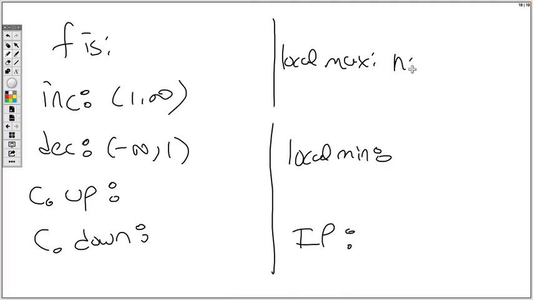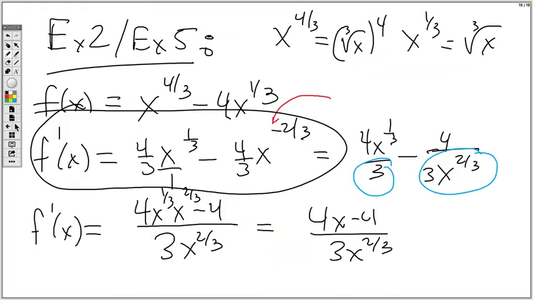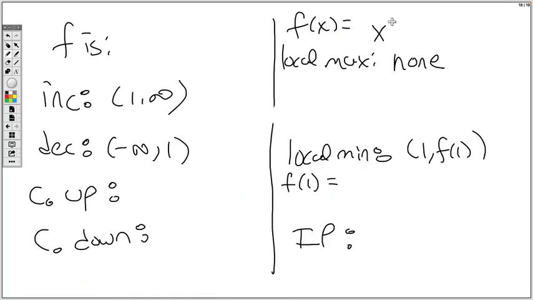So local max, there's none. Local min at 1 comma f of 1. And so let's see what that's going to be. Let's put the f of x up here. x to the 4/3 minus 4x to the 1/3. So if I plug 1 into this, I get 1 to the 4/3 minus 4 times 1 to the 1/3.